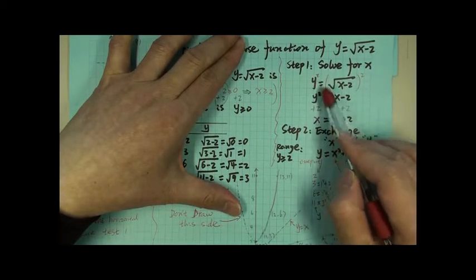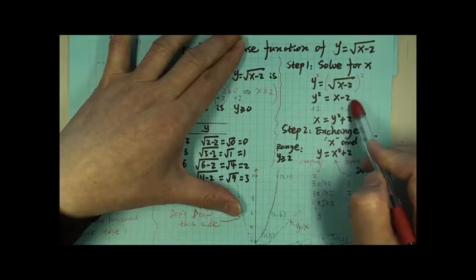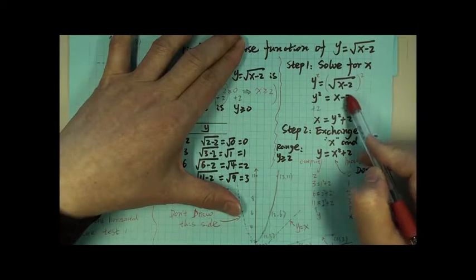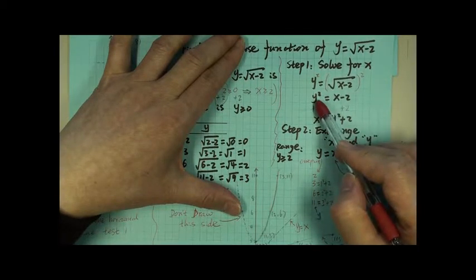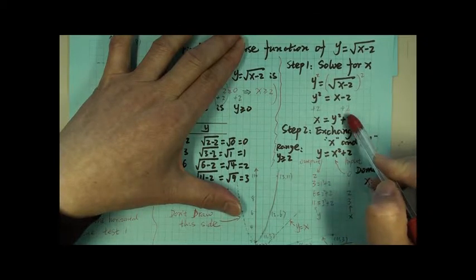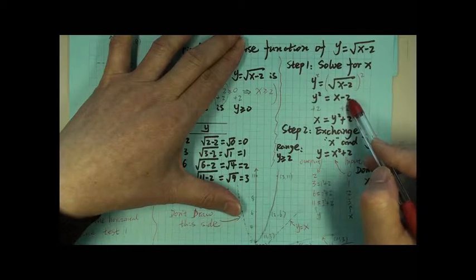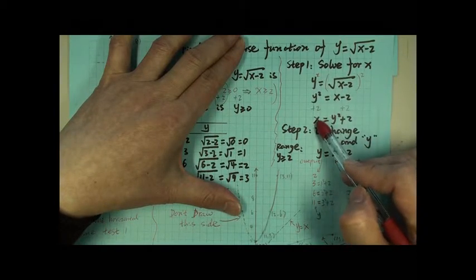Then you have y squared, and on this side it's going to be x minus 2. Add 2 on both sides, and the negative 2 and positive 2 cancel. You have y squared plus 2 on this side, and x is left alone.